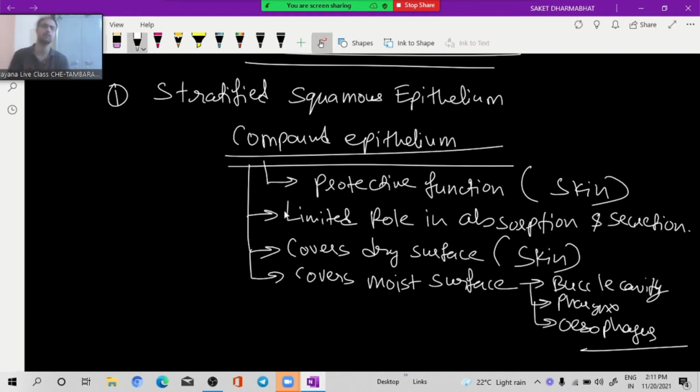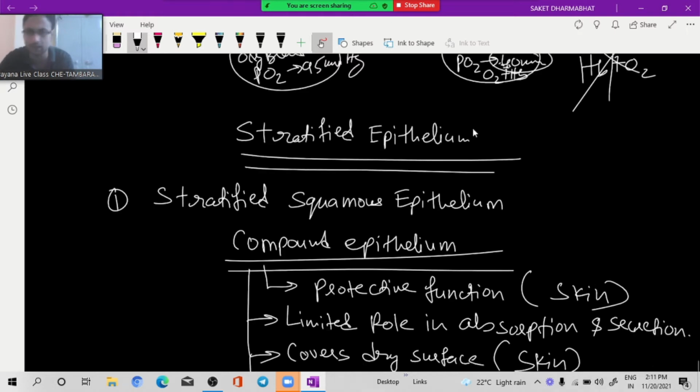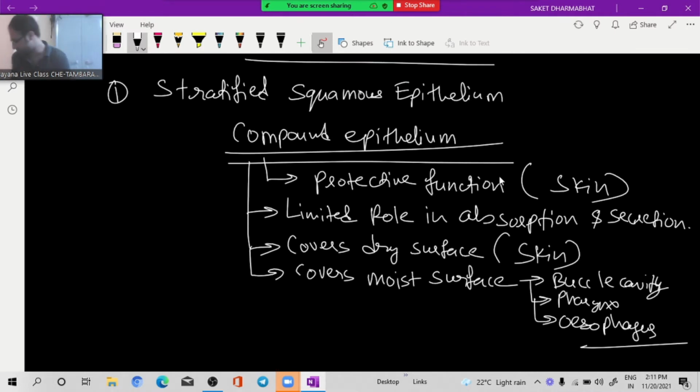These points are very important for NEET. That's why I am telling you. Okay, let's come back to the stratified squamous epithelium.